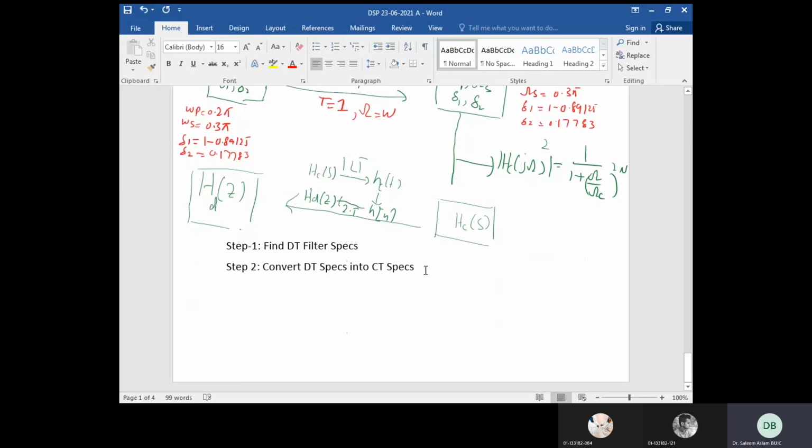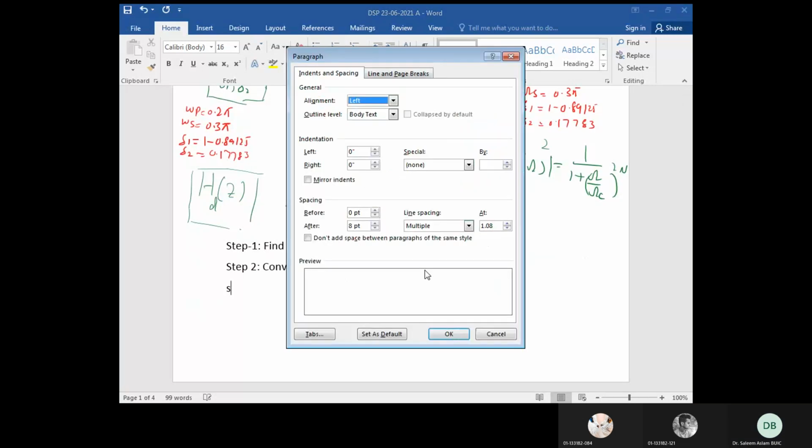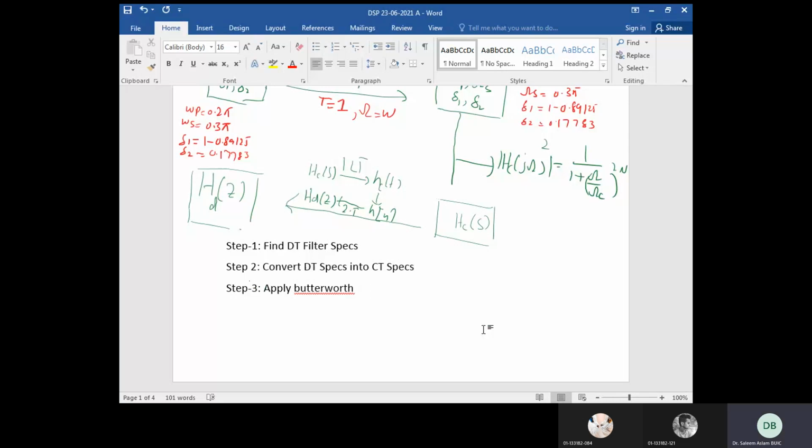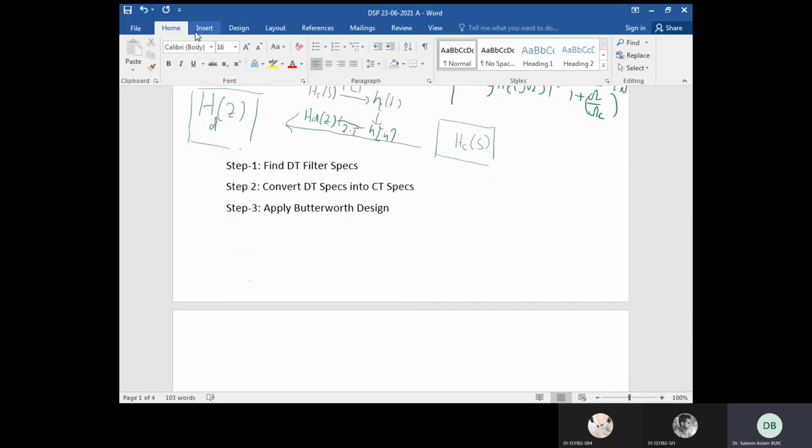What is step number 3? Step 3, apply Butterworth design. How do you apply Butterworth design? Let me write the equation.